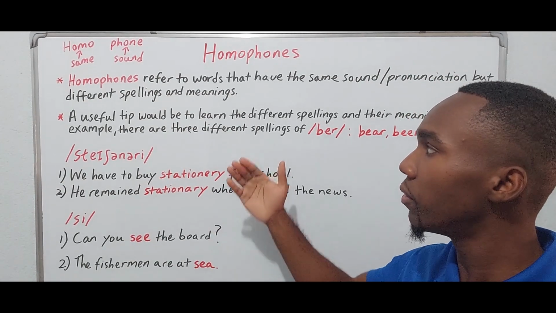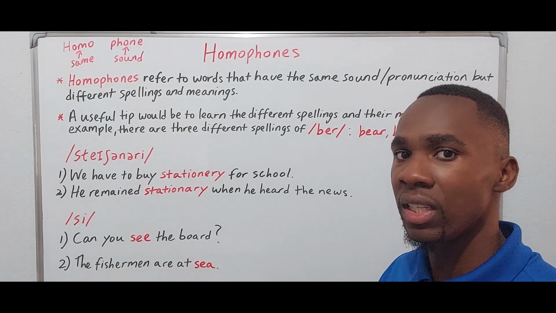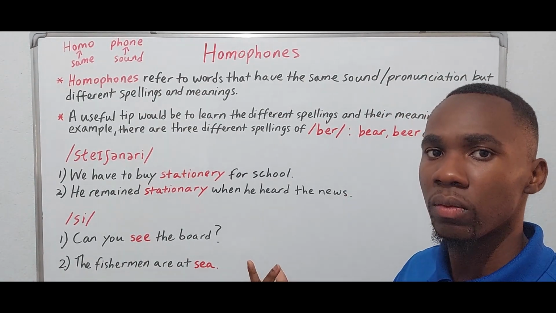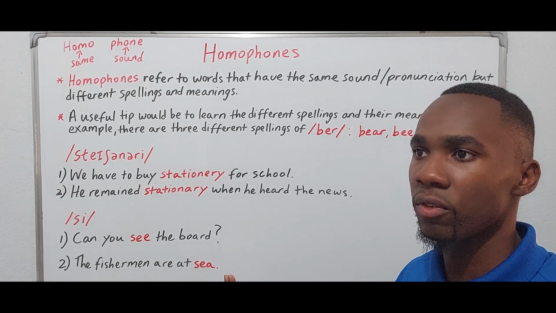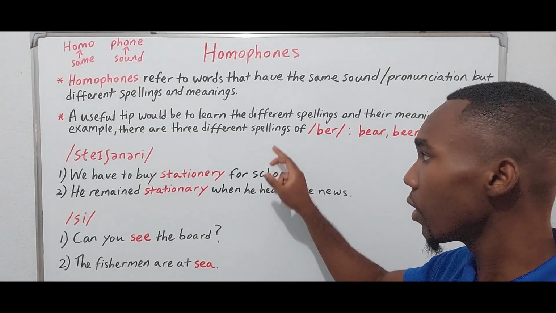So obviously homophones will be problematic when it comes to writing because they have the same sound. So the problem with homophones is that they can pose problems when it comes to writing, right? So that's a tip.